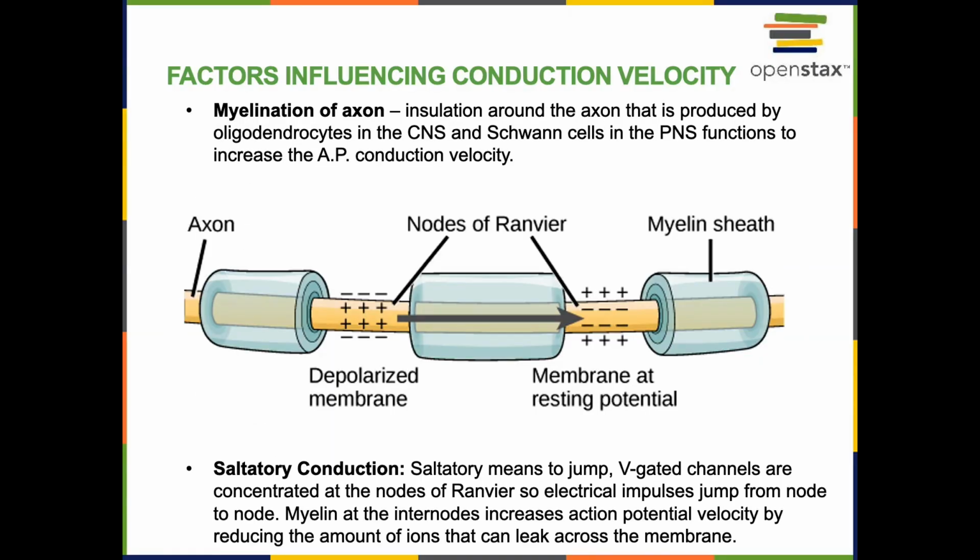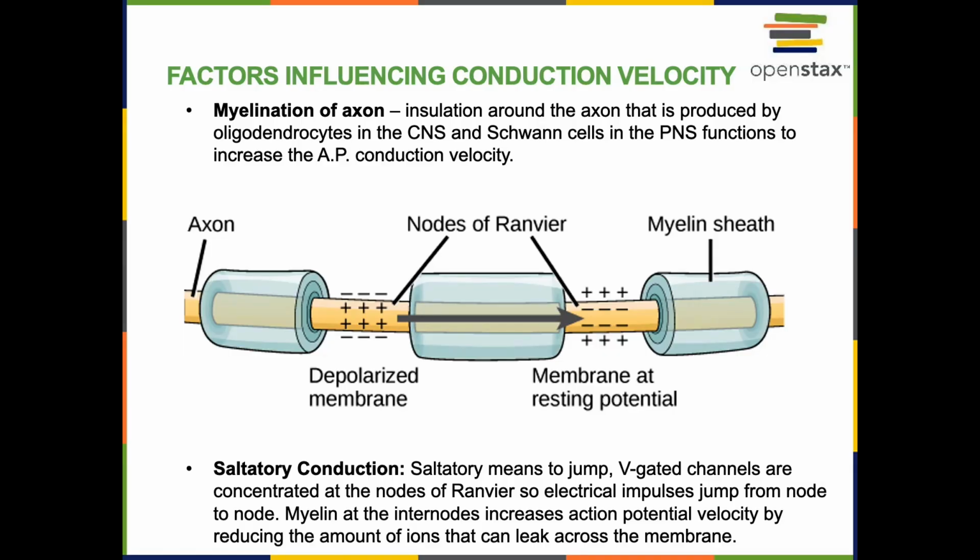Myelination of axons can also increase the conduction velocity. Myelination is an insulating sheath around an axon that is produced by glial cells known as oligodendrocytes in the central nervous system and Schwann cells in the peripheral nervous system. This myelination prevents the movement of ions across the plasma membrane. There are spaces in between the myelin sheath known as the nodes of Ranvier.